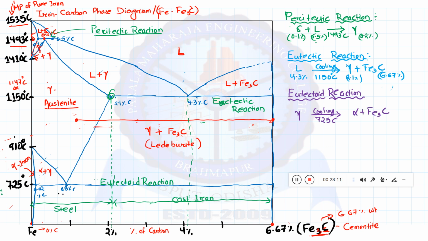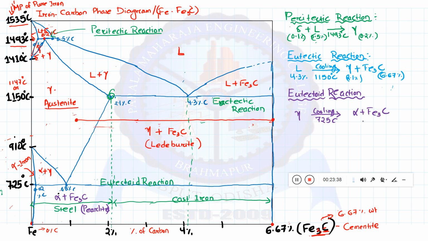I forgot to mention that alpha plus Fe3C is also known as pearlite. So, that is a mixture of two phases, alpha and Fe3C.